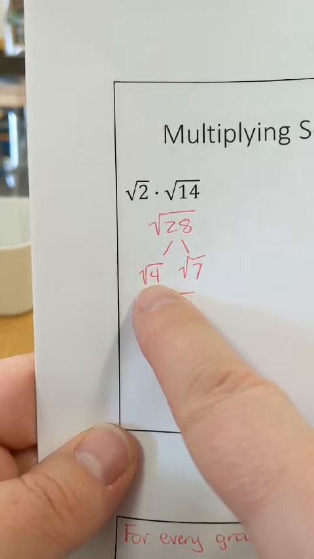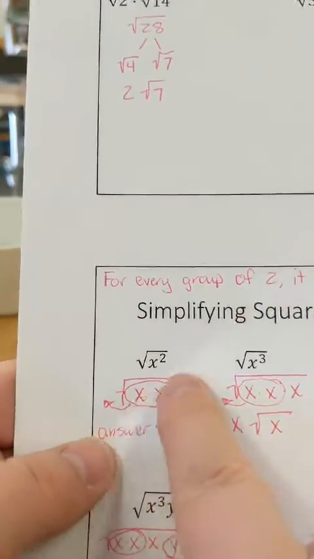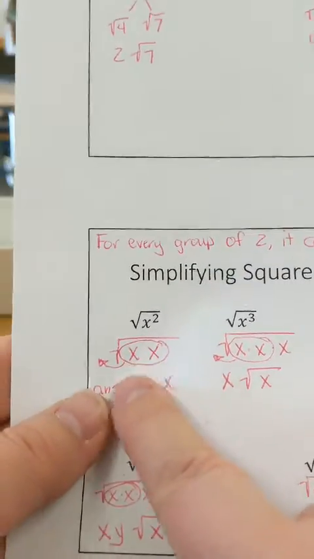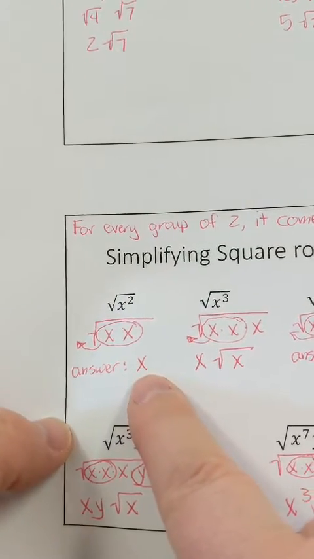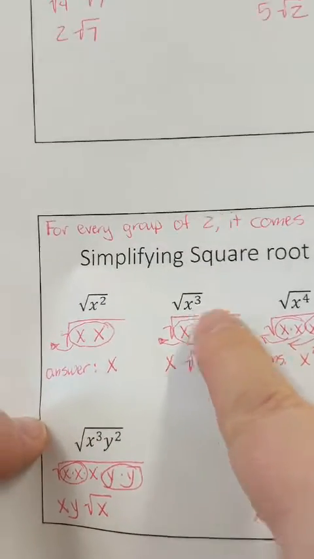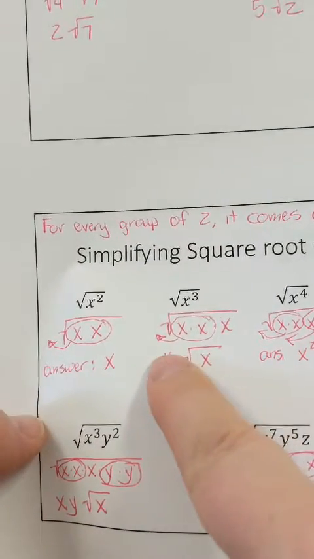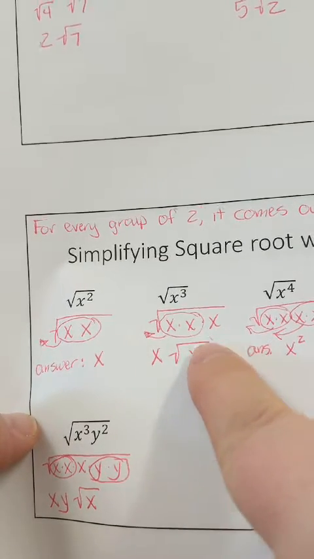So because there's a group of 2's, they could come out. So then here, there's one group of x's, so they can come out, and then the answer is just x. There's no square root anymore. So then x to the third, there's 3 of them. So there's only one set of 2, so that comes out, but then there's 1 still left. So it has to stay there.